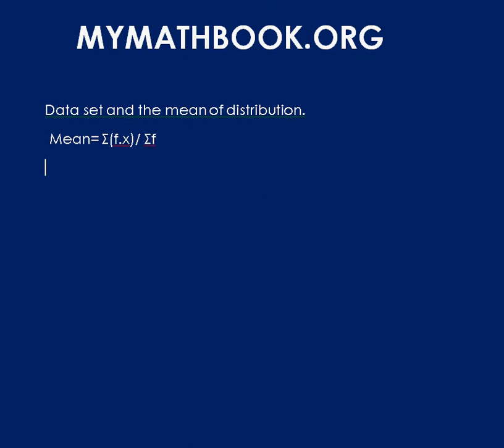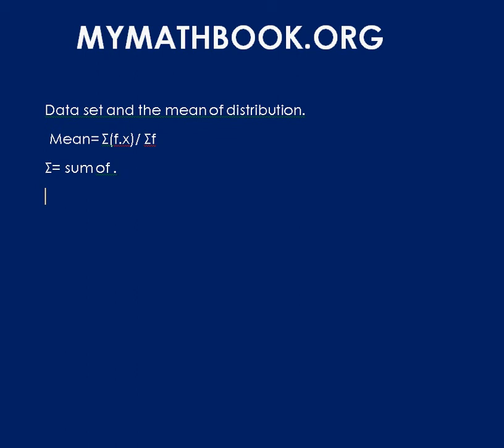Now, what does this sigma mean? This means the sum of. So we are going to add frequency times the midpoint, because the x is the midpoint when it's in table form, and we're going to multiply that, sum it up, and divide it by the frequency.